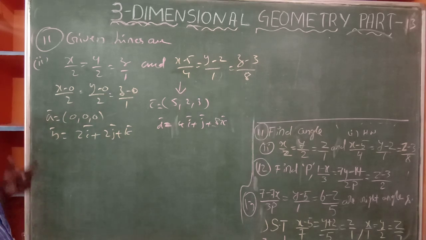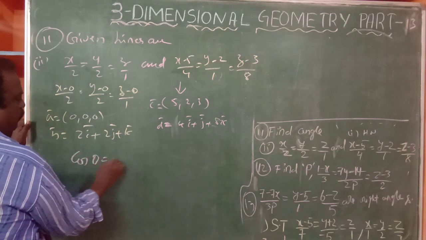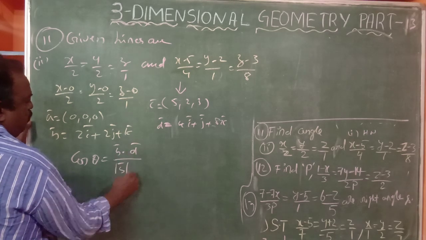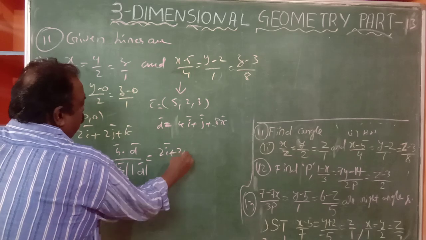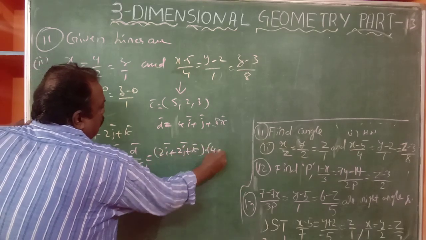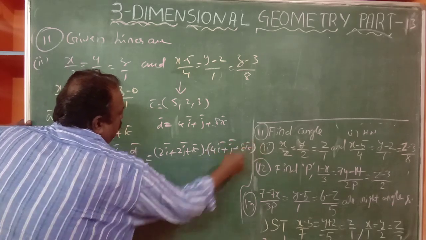The angle between the two lines means cos theta is equal to b bar dot d bar by modulus of b bar modulus of d bar. That is 2i plus 2j plus k dot 4i plus j plus 8k.